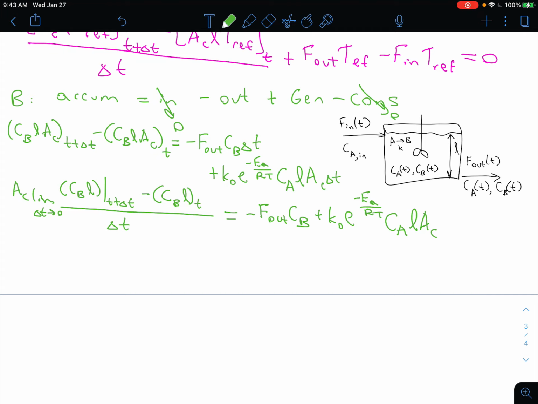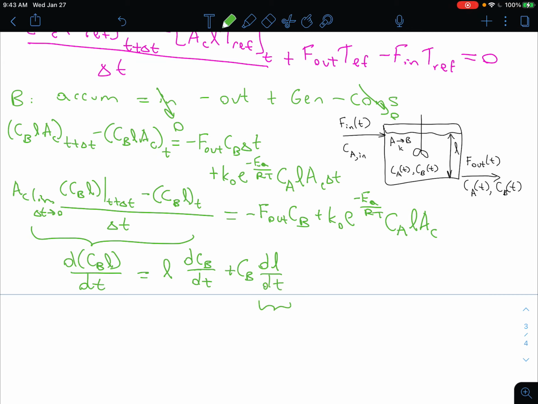Okay, and so this is equal to d(CB L)/dt, which is equal to L dCB/dt plus CB dL/dt, and this is F in minus F out over A_c.